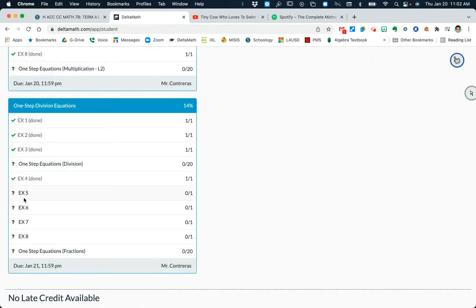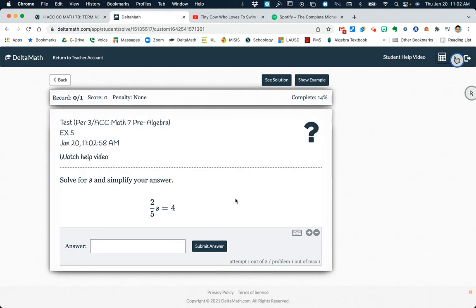Okay, let's try example 5 now. We're going to go quicker. So, 2/5 S. By the way, I made a cursive S so you don't think it's a 5 equals 4. Okay. Reciprocal method.